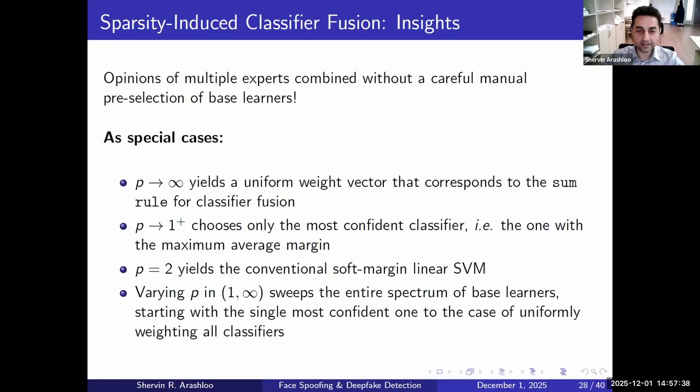You can think of this as the single best classifier. If we set p equal to 2, then we will recover the ordinary soft margin linear SVM. And then you can see that by playing with p from 1 to infinity, we can sweep the entire spectrum, which we can use to fuse our classifiers in the problem.